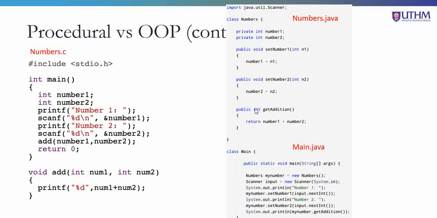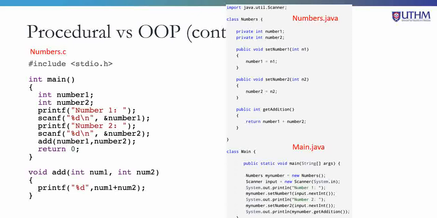So this is the concept of data hiding, where we hide, we private the data, and then we create another function in order to set the data, meaning that we cannot directly declare the value of data. Same goes when you want to access the value of number one and number two. We cannot directly access the value.